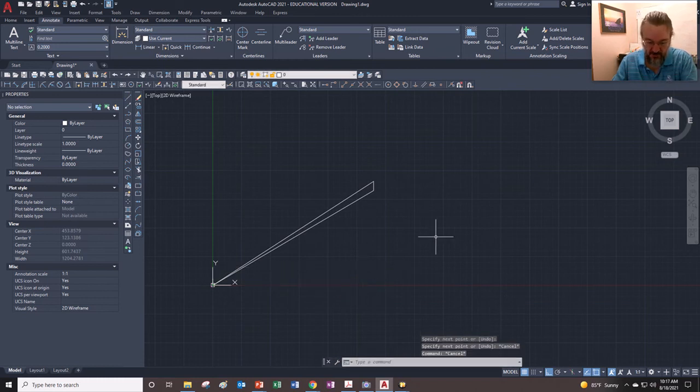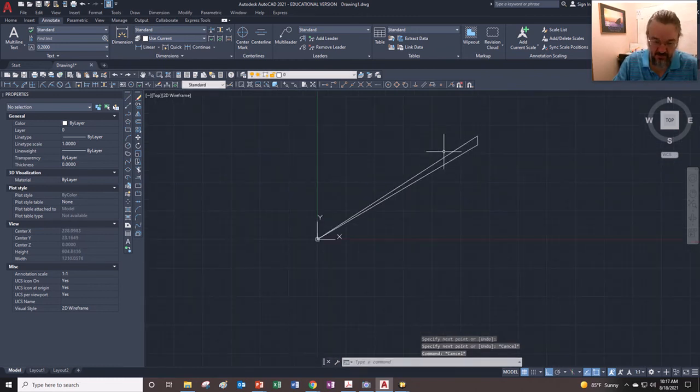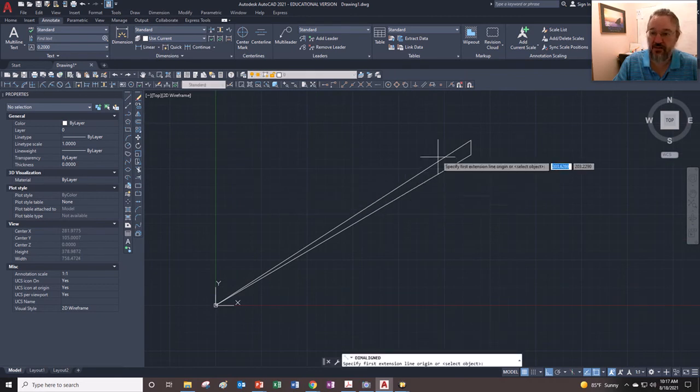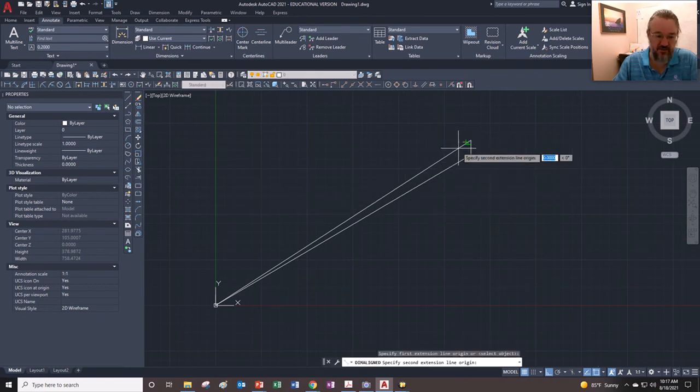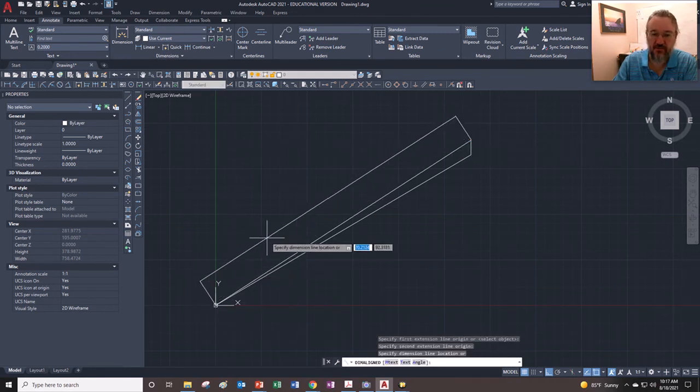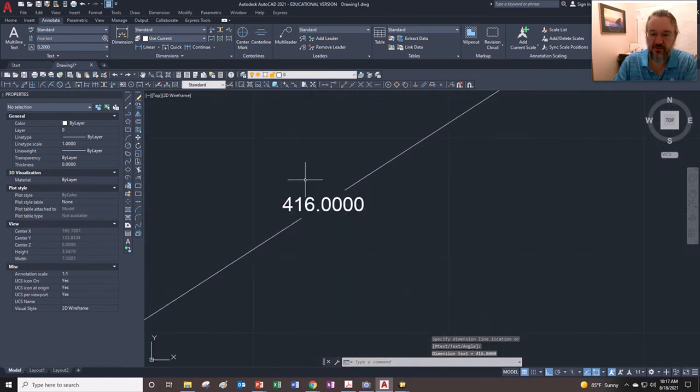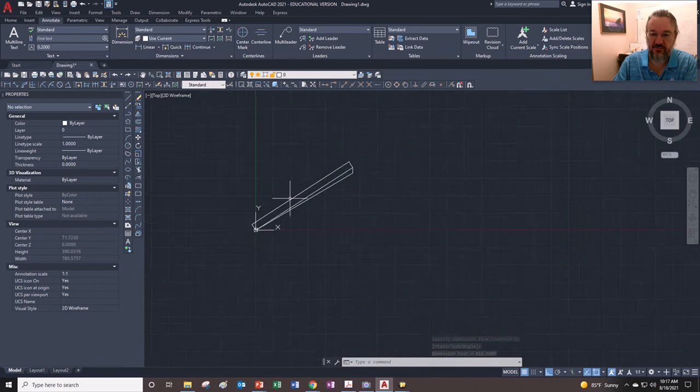All right, so this first one was the airplane with respect to the wind. I think the text is going to be too small here to read. We zoom in on there, 416, right?